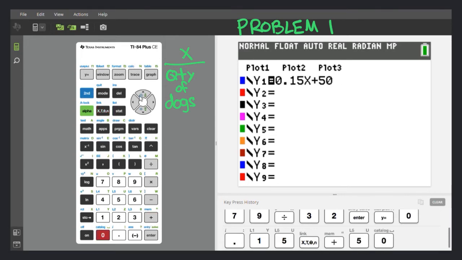So this is our cost function. And this is assuming that x is the number of dogs. So if we're just doing a wash of 1 dog, then plug that 1 in and you'll see how much it costs.